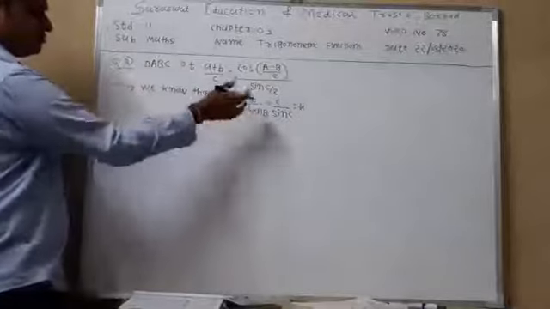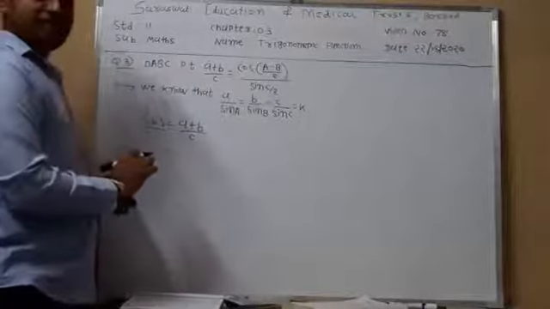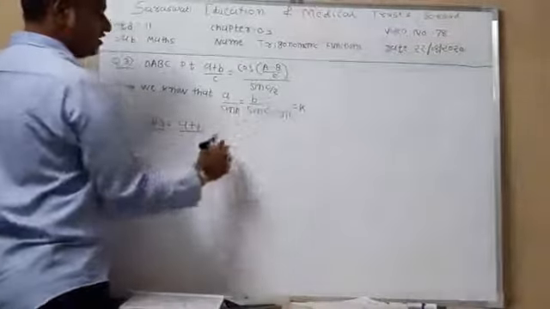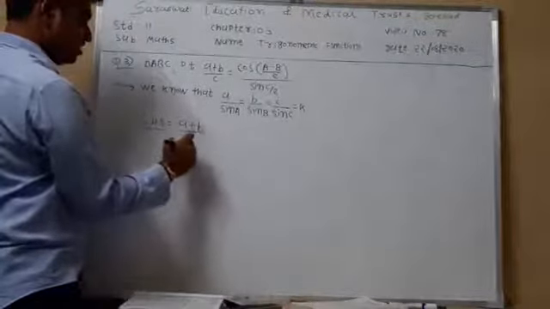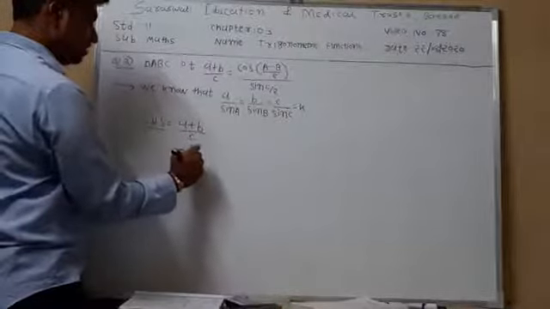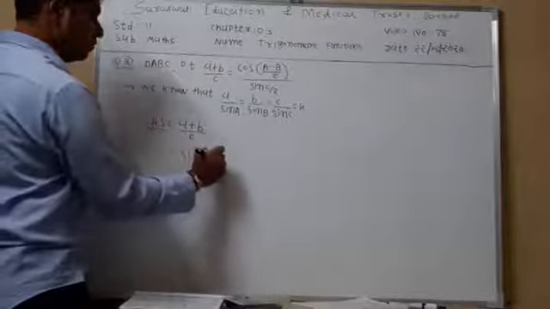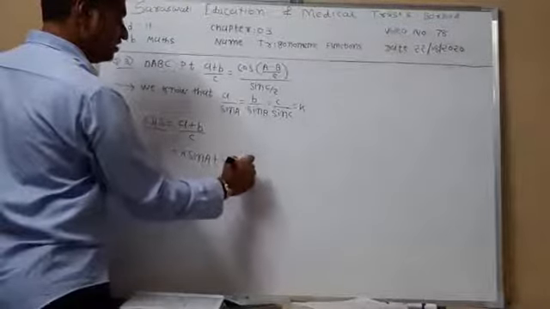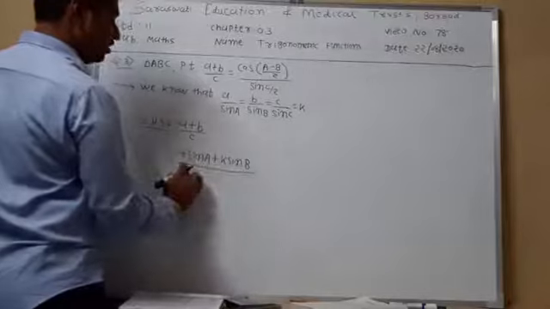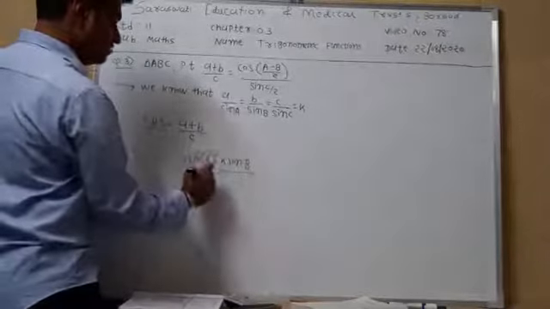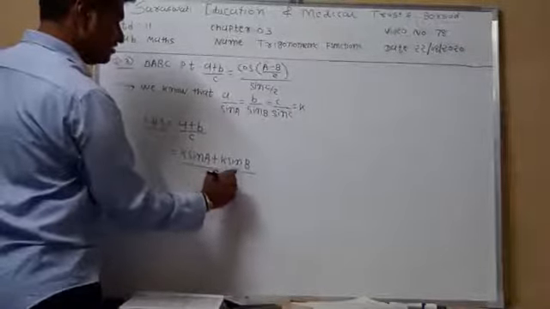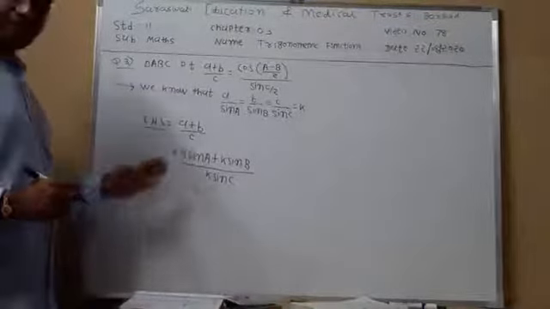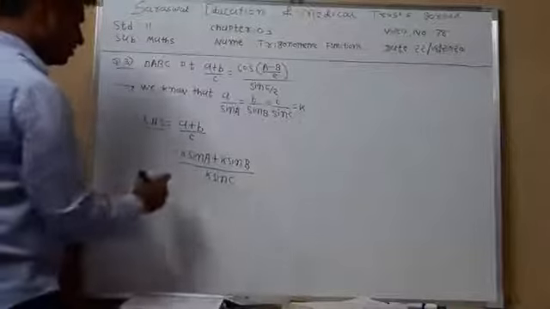Here substitute the values of a, b and c in this equation. So a upon sin A is equal to k, so in place of a we write k sin A, plus b in place of k sin B, upon c in place of k sin C. K we can take common in the numerator, and in the denominator cancel out this term.